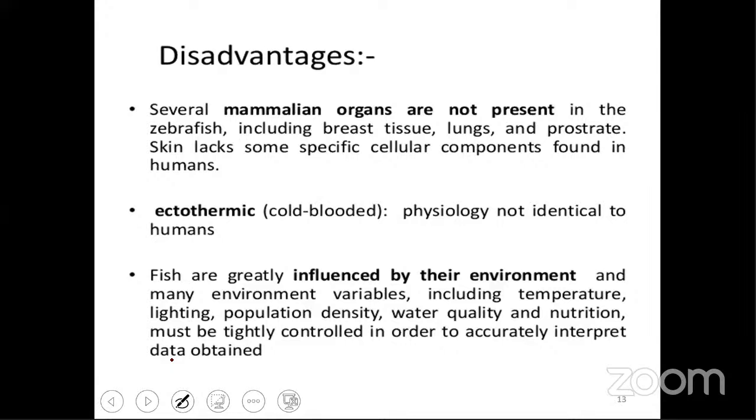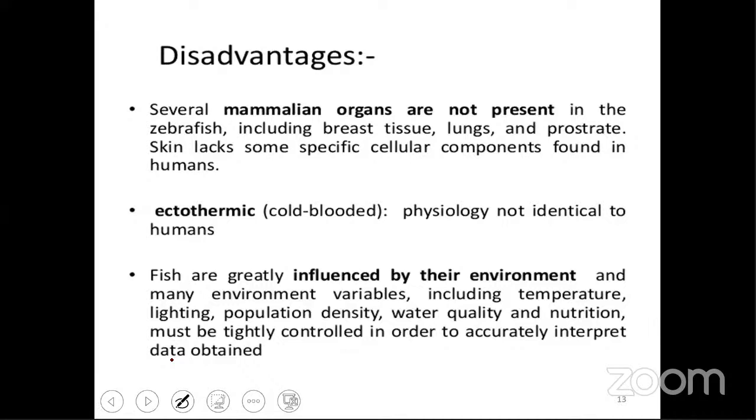These fish are greatly influenced by their environment, and many environmental variables, including temperature, lighting, population density, water quality, and nutrition, must be tightly controlled in order to accurately interpret the data obtained.